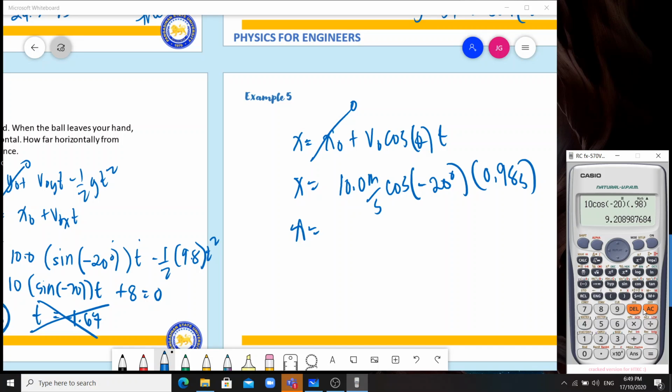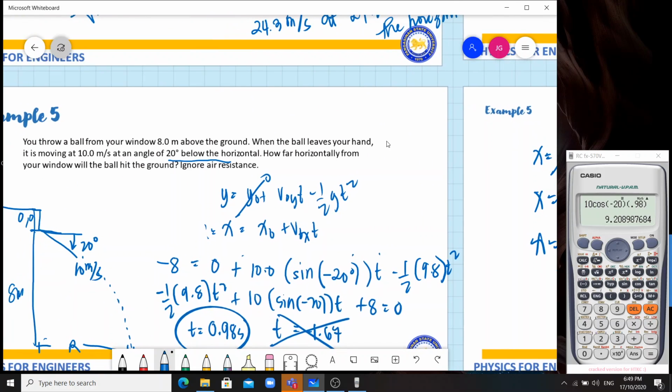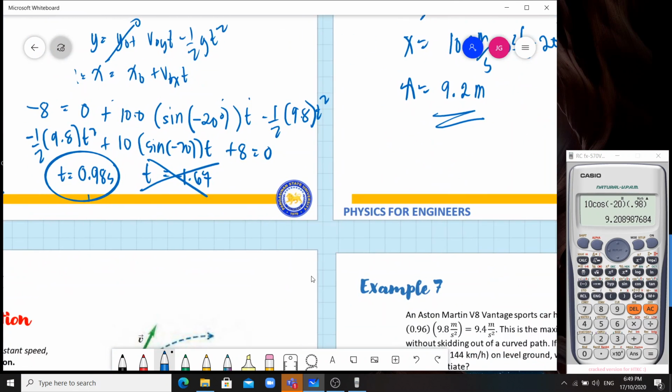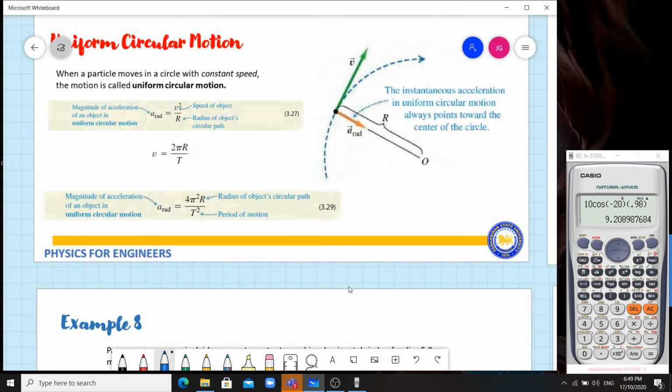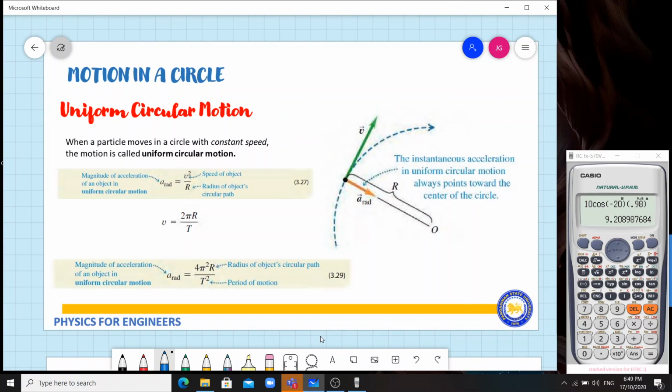Ang distance natin from that window horizontal is 9.2 meters. So, ano pa? How far? Yun lang naman yung tanong. So, solve na tayo sa example number 5. So, next topic tayo, motion in a circular motion.